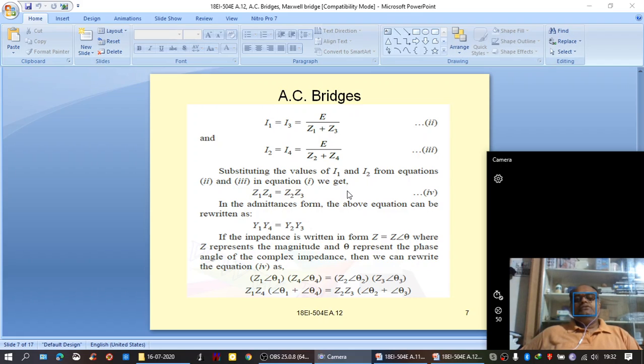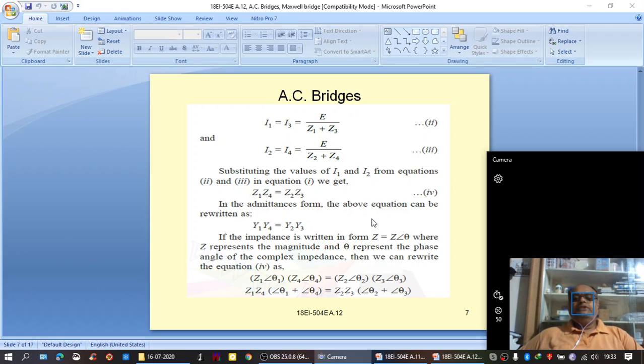And substituting the values of I1 and I2 from equations 2 and 3 in equation 1, we arrive at the bridge balance condition, which is Z1 Z4 equal to Z2 Z3. The same bridge balance condition can also be written in terms of admittances as Y1 Y4 equal to Y2 Y3.